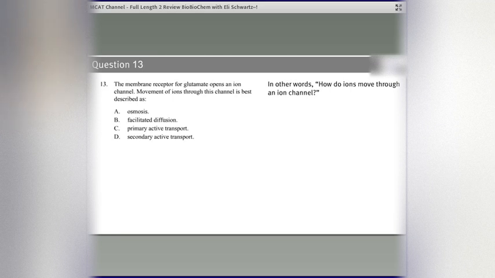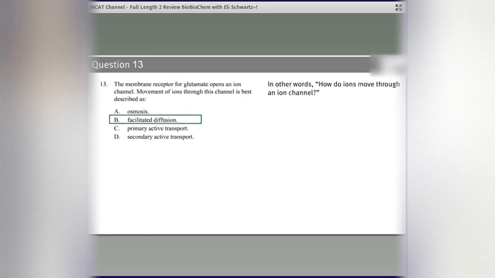Between B, C, and D, though, here's the thing. Every one of those could happen through an ion channel. That's maybe why a lot of people get tempted by these three answers. But if we're thinking about an ion channel allowing something to go through the membrane that wouldn't otherwise be able to, then by default, it is facilitating the ability of that ion to diffuse through.